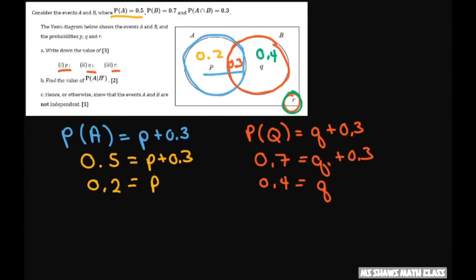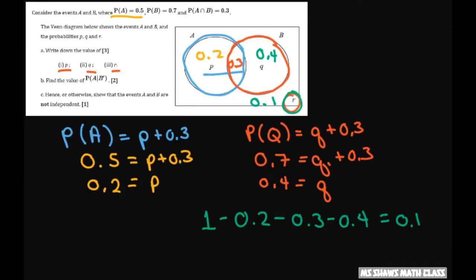So R is everything else but these numbers. So you just take 1 minus 0.2 minus 0.3 minus 0.4. And that's going to give you 0.1. So the R portion is going to be 0.1.